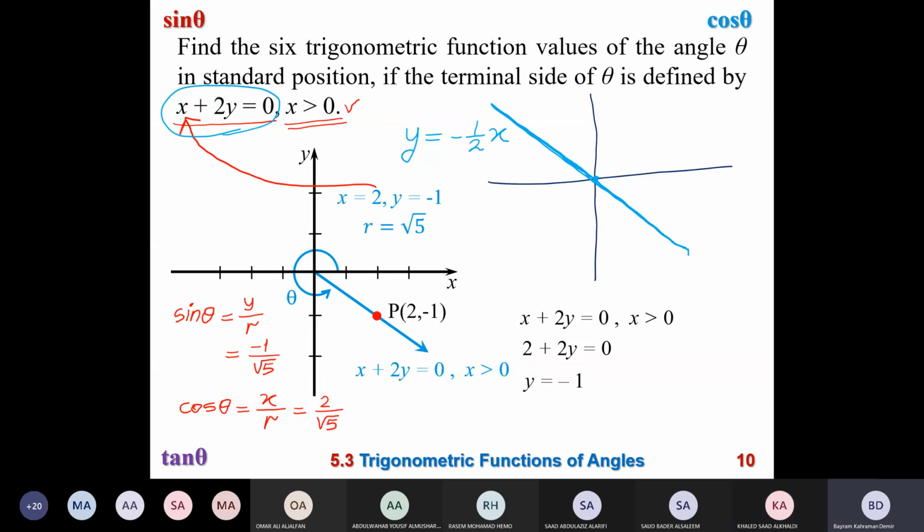In the angle equation of a line, it always passes through the center of the graph, the origin, because the vertex of the terminal side is the origin. So now, Shabab, be careful. We are not taking this one. This is not the theta.